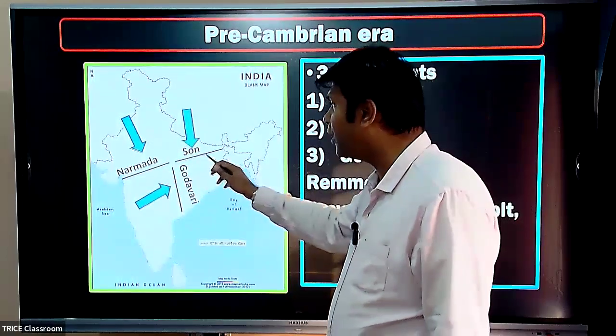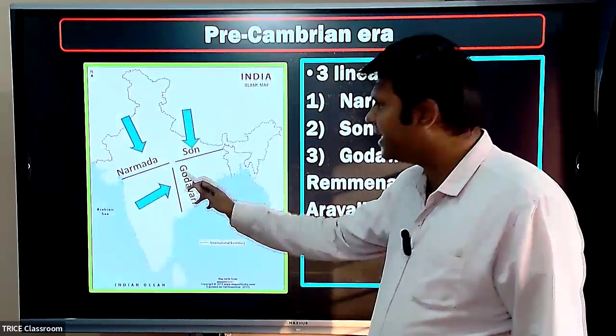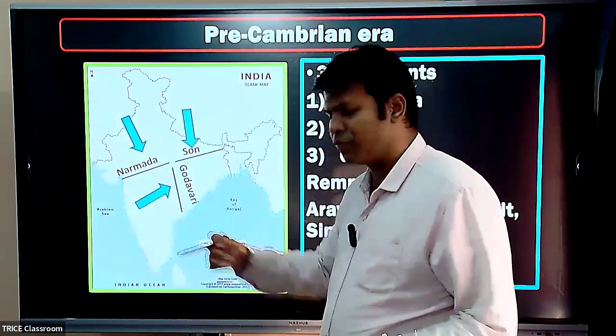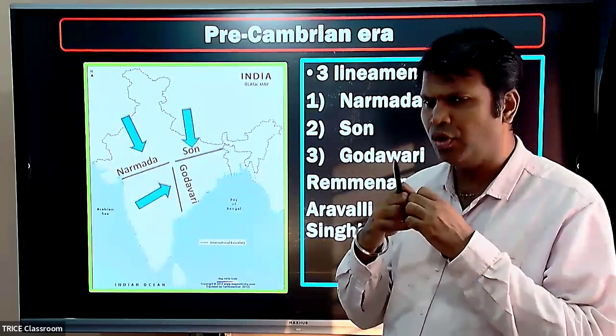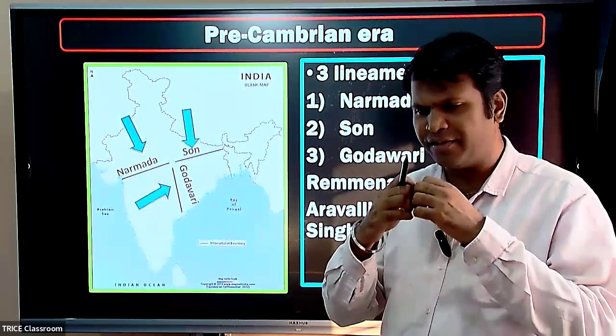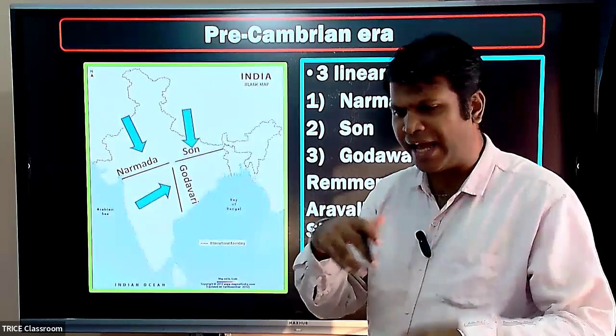So there was a faulting that took place. It is in these faults, this was basically a joint between the two continents. The same thing drifted apart and made a narrow gap.